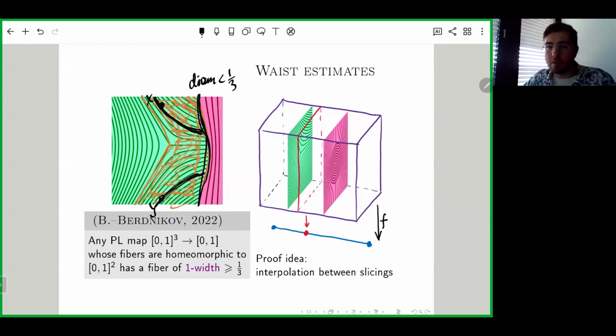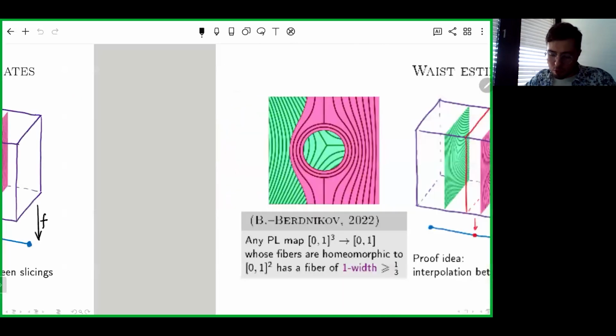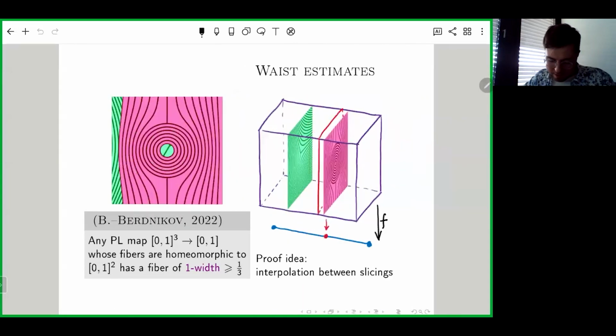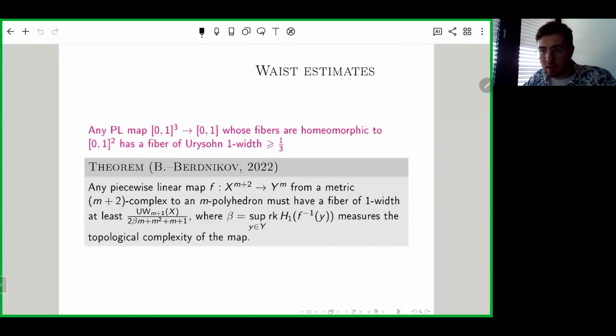So that's the sketch of the proof. There are more details there, but basically this conveys the idea of this baby case, which I wrote here in pink. And I just formulated the more general theorem of which this was a baby case.